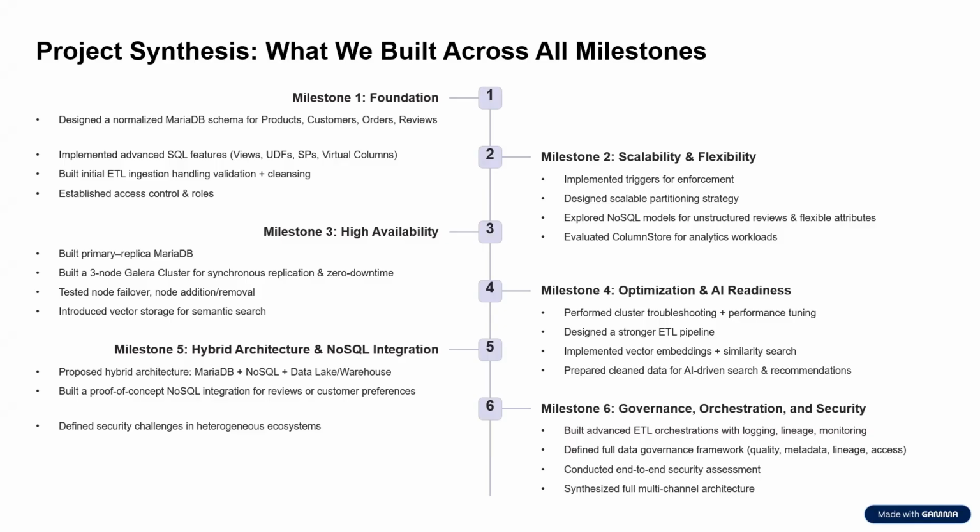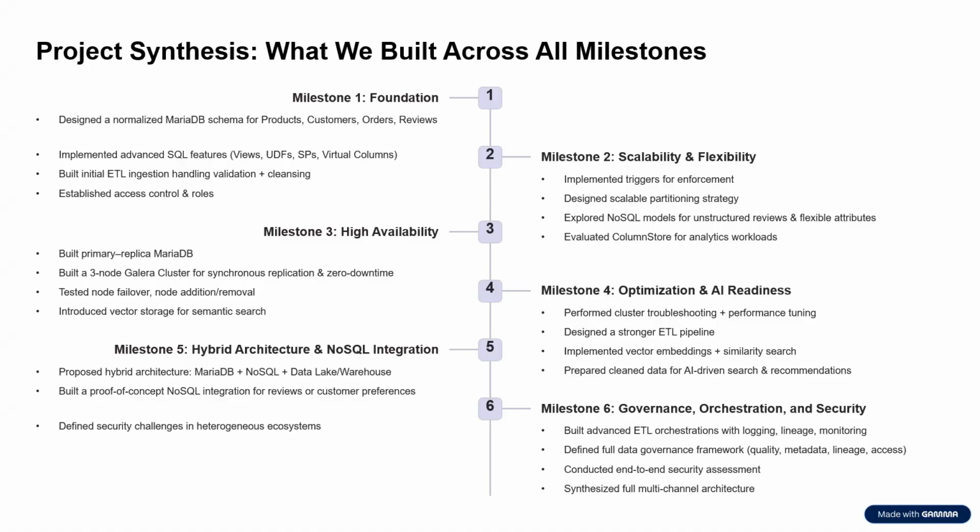Then we moved on to some advanced and optimized versions of Aethermart where we did cluster troubleshooting. We made a stronger ETL pipeline, and then we worked with vector embeddings again and data for AI driven search and recommendations.